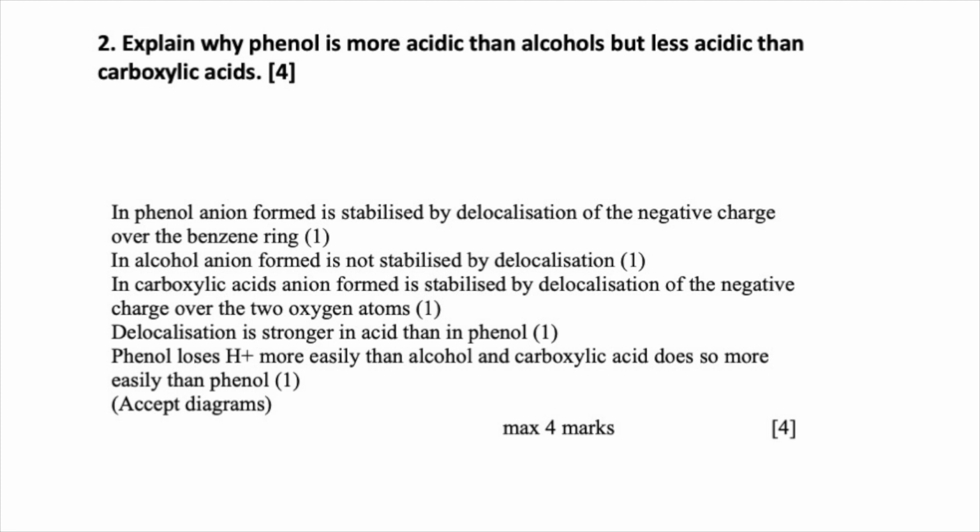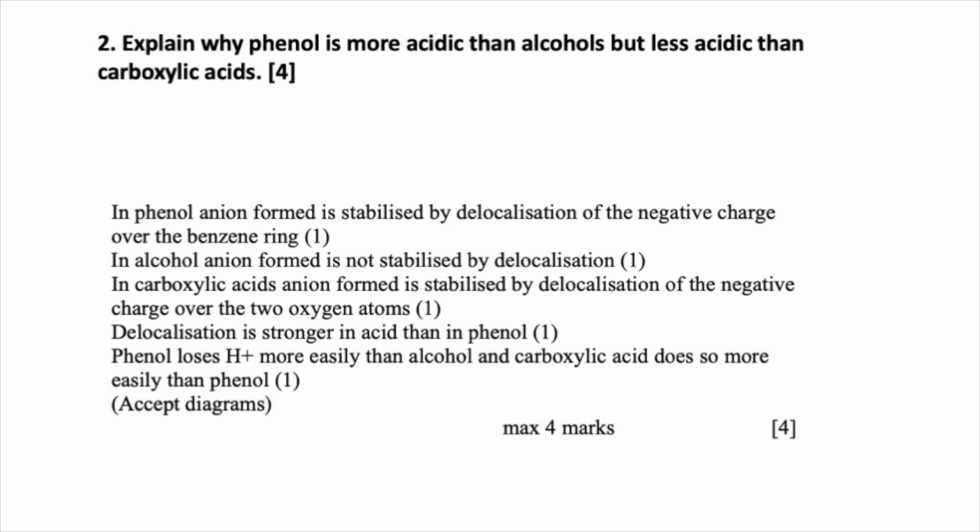And in alcohols, the anion formed is not stabilized by delocalization. In fact, the alkyl group pushes electrons onto the O to make it more negatively charged. So if you said it's not stabilized or it's made to be less stable, you would get a mark for that.